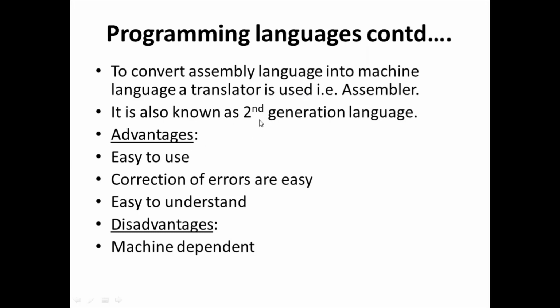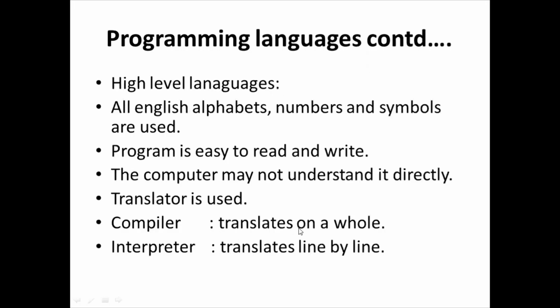It is also known as the second generation language. The advantages of it are that it is easy to use, as English words are there. Correction of errors is also easy and it is easy to understand. But the disadvantage is that it is machine dependent.